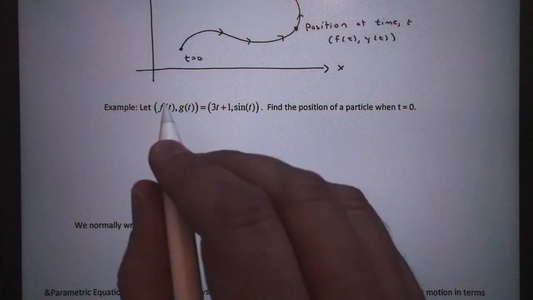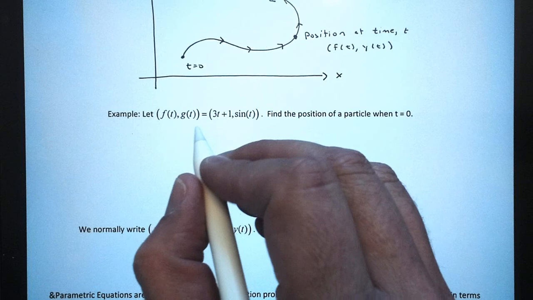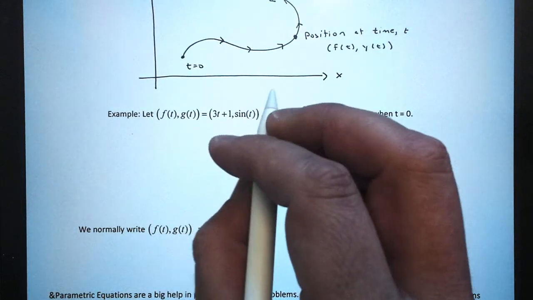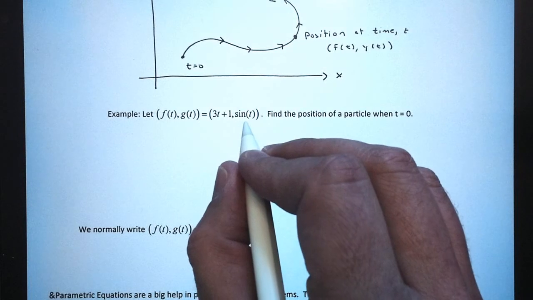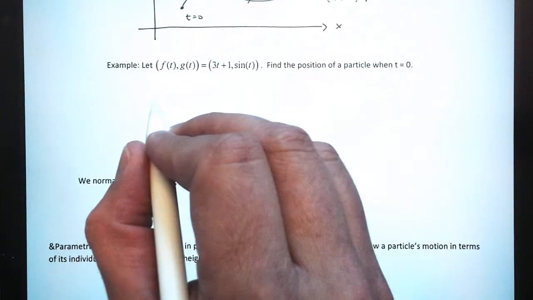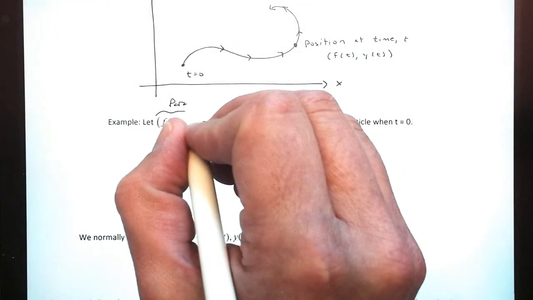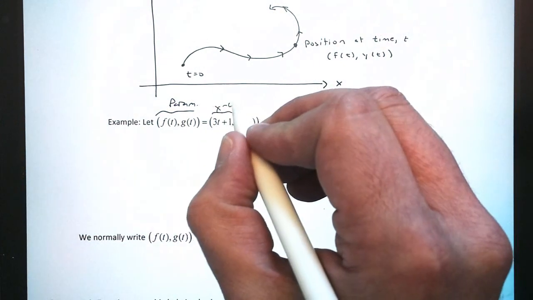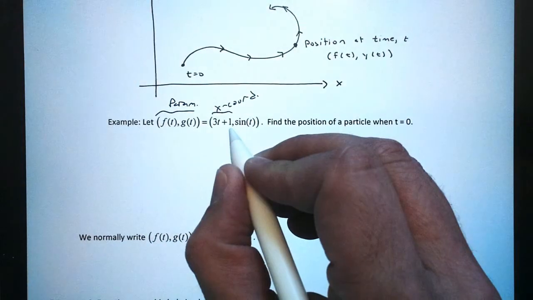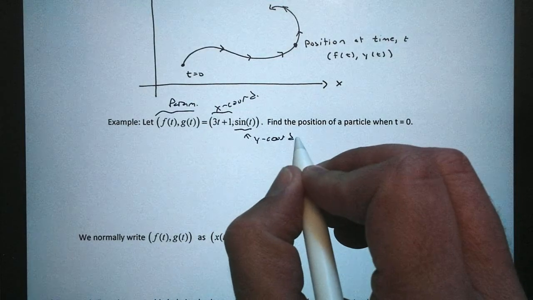Let's say f of t is 3t plus 1, and g of t is sine of t. Here they're telling us this is a parametric equation, and this part gives us our x coordinate at any given time t, and this part gives us our y coordinate at any time t.